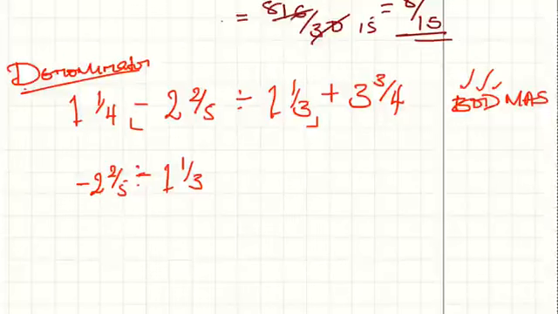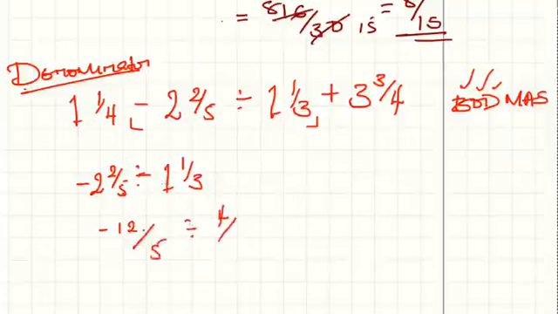So what will you have here? We'll have 5 times 2 is 10. 10 plus 2 is 12. So we'll have negative 12 over 5 divided by, this is 3. 3 times 1, 3. 3 plus 1, 4. 4 over 3.